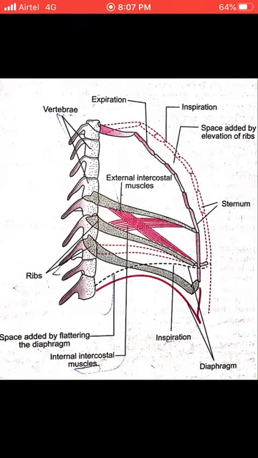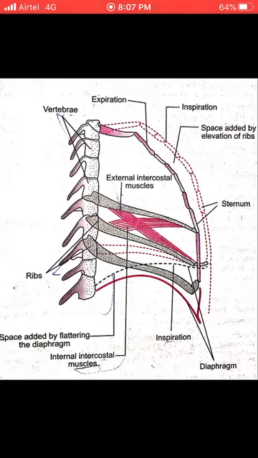You will see in the figure that the diaphragm becomes more convex, and the thoracic cavity is decreased anteroposteriorly. And next come the internal intercostal muscles. They are 11 pairs.